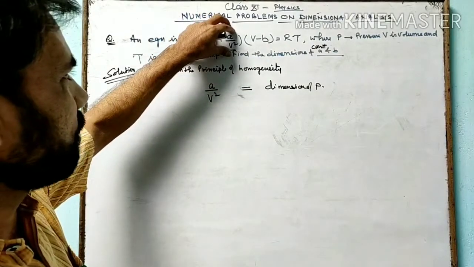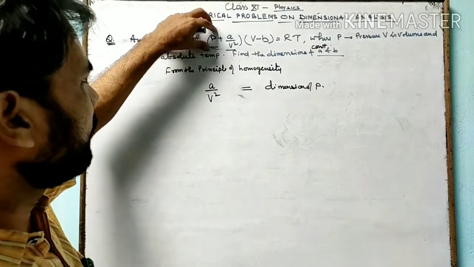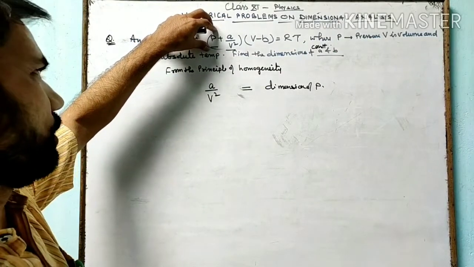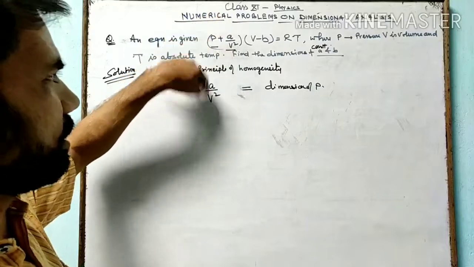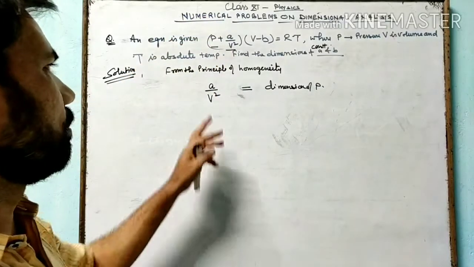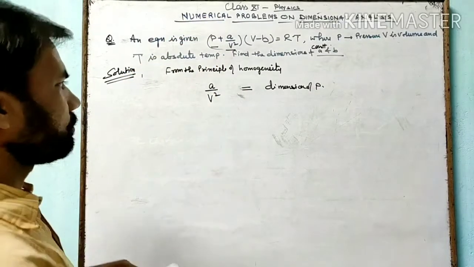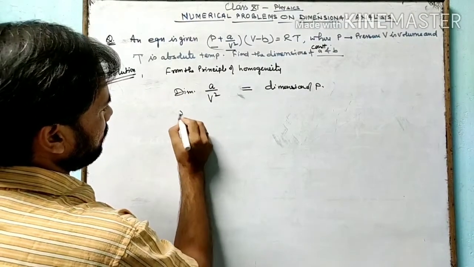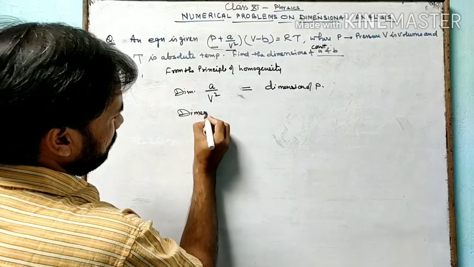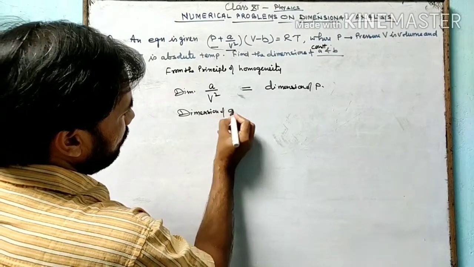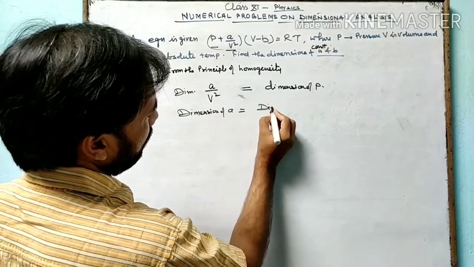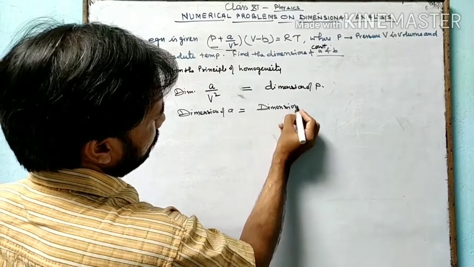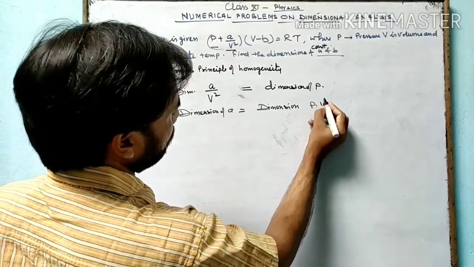Since the A upon V square term is added with the pressure, it means A upon V square necessarily must be a pressure term. So the dimension of A is equal to the dimension of P into V square.